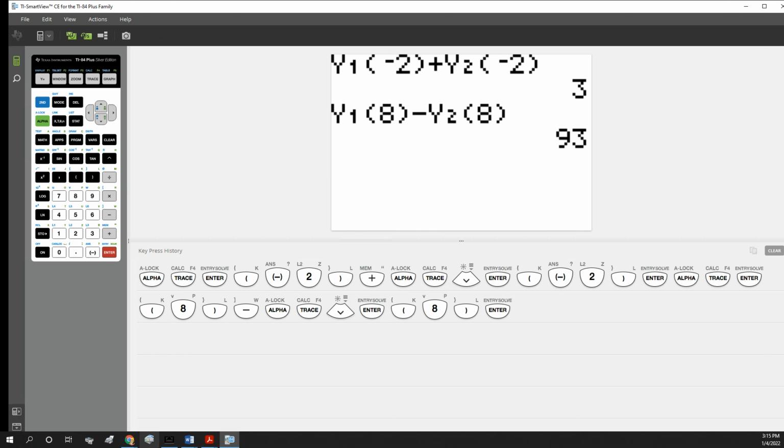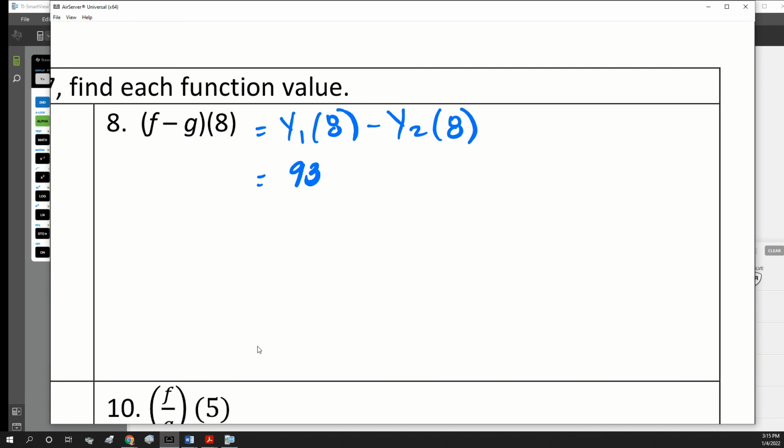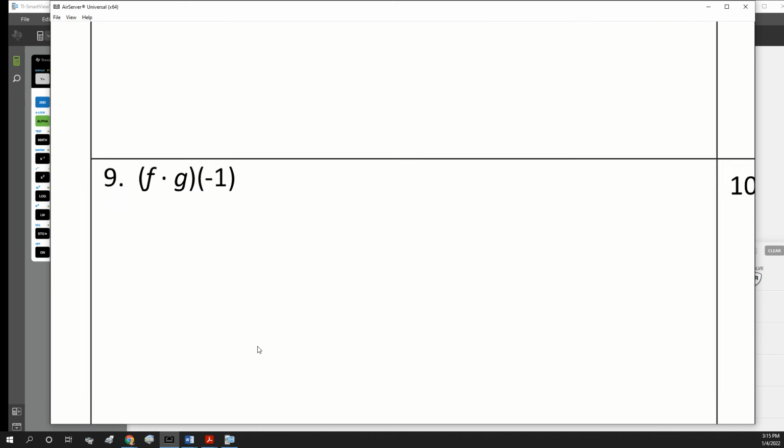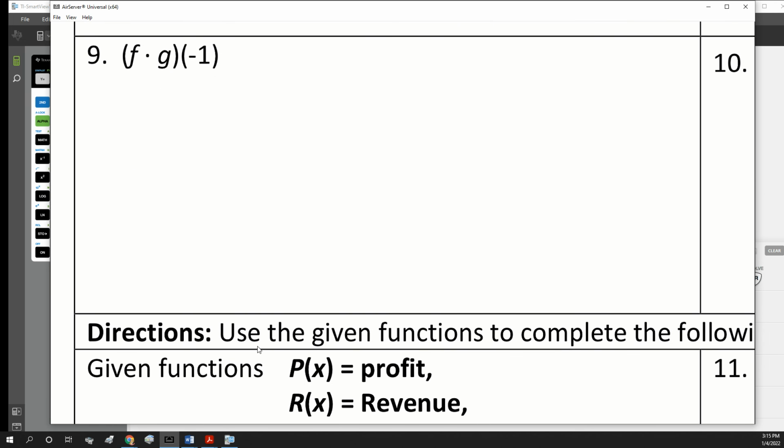All right, let's look at the next one. Okay, so f was y1, remember, g is y2. So we're going to multiply them together, and we're going to plug in -1, but we're going to let the calculator do it. So for f, we're going to put y1, and then for g, we're going to put y2.